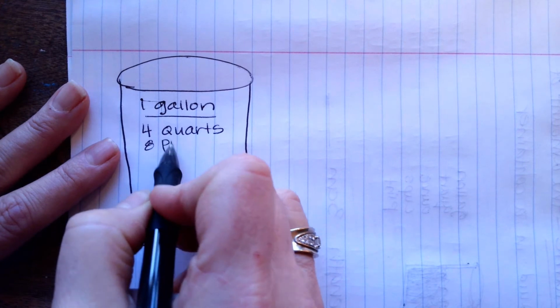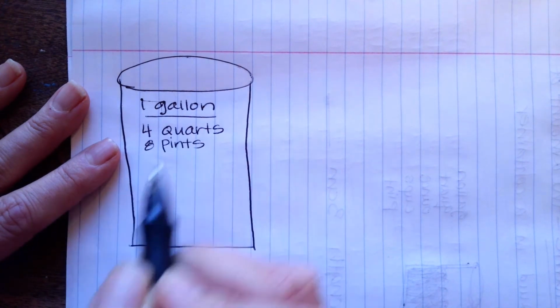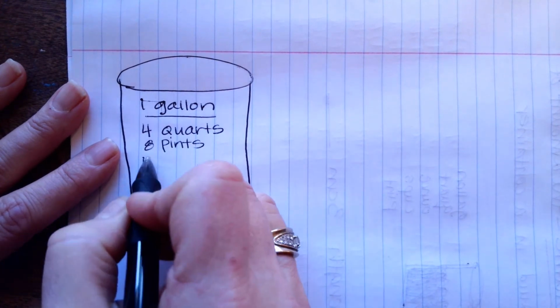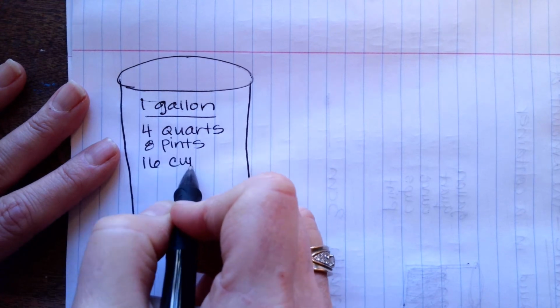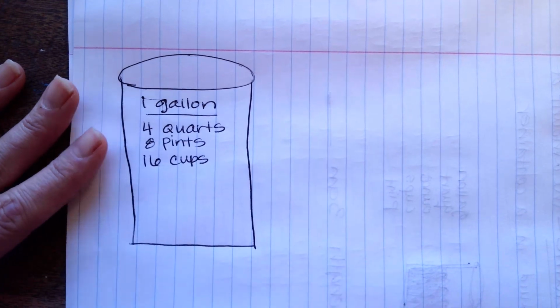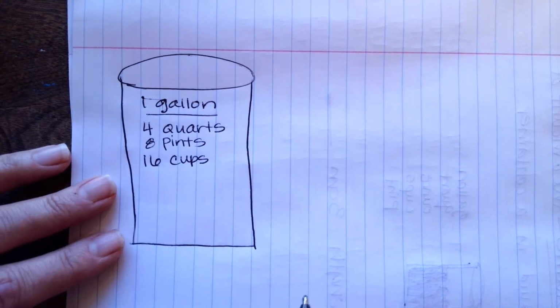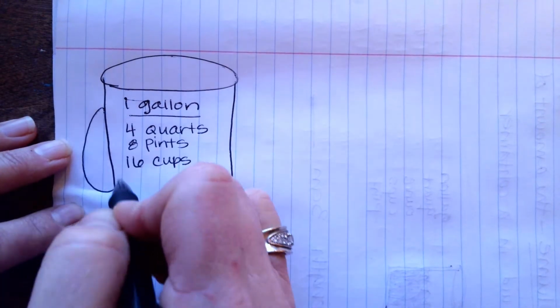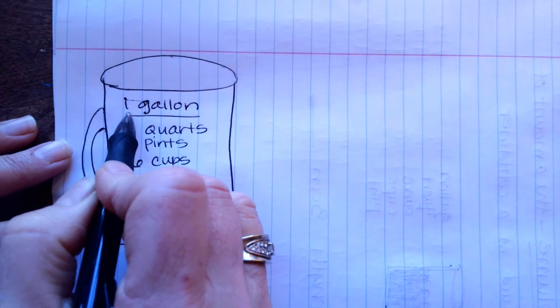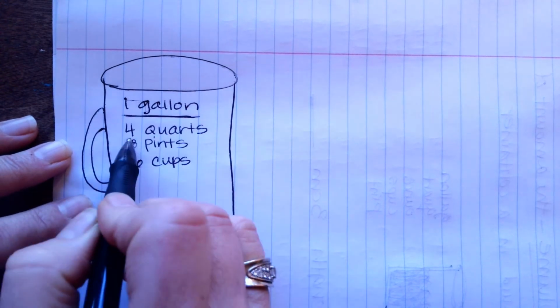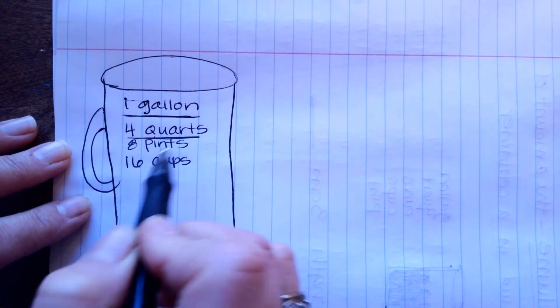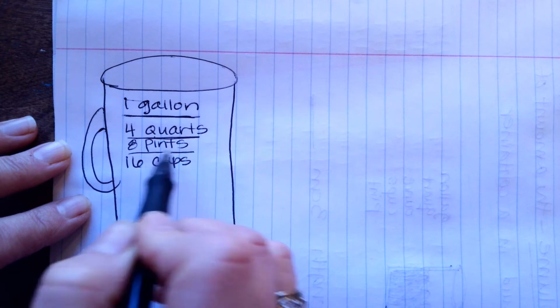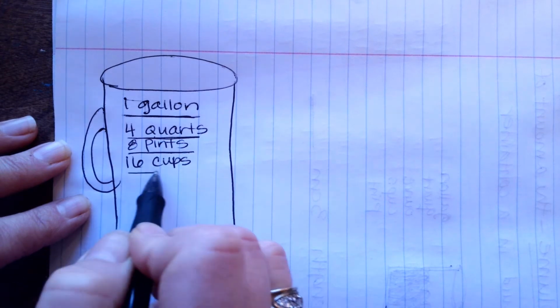If you were measuring pints, it would be 8 pints. And it would be 16 cups. So you know the gallon of milk that you might have in the refrigerator? We could measure it as 1 gallon, 4 quarts, 8 pints, or 16 cups.